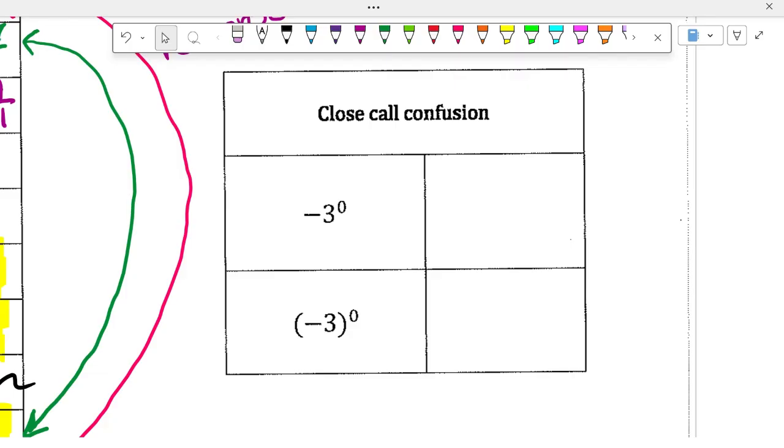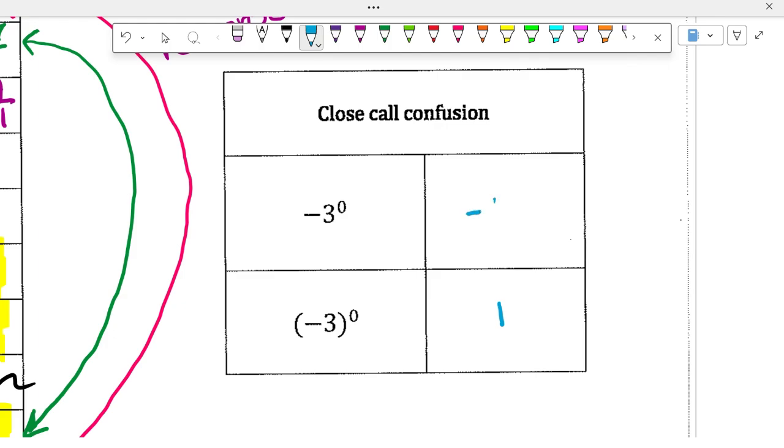Why does the bottom give me 1 and not the top? It's in the parentheses, meaning the negative is applied with the 3. So if we raise negative 3 to the 0 power, all right, that will still give us 1. So what's the answer to the top one?